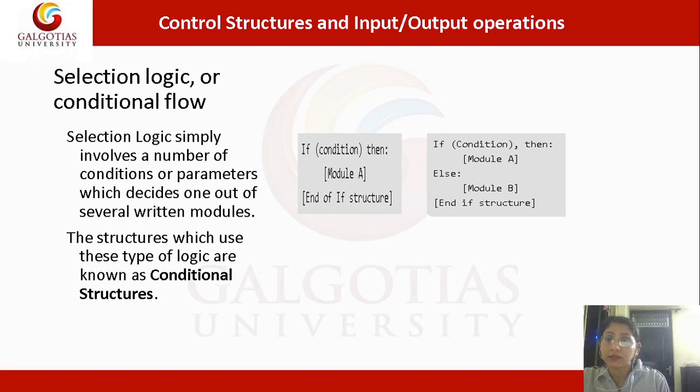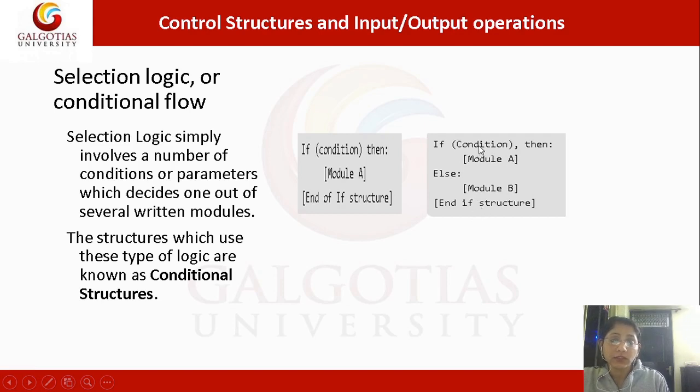Whereas in case of selection logic or conditional flow, as has been demonstrated in the diagram, if you put a condition, based on that condition, module A will be executed. And if your condition is false, then module B will be executed.